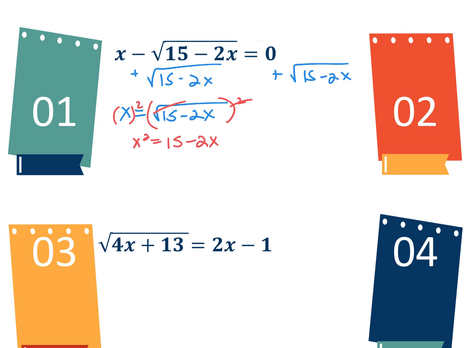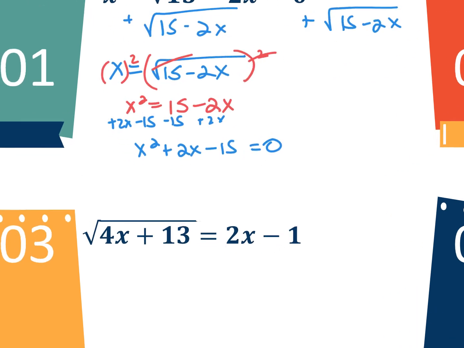And then as soon as you see that there is an x and an x squared, that's your indication you're going to have to factor. So you're going to get everything back to one side and then factor. So I'm going to move the 2x and the 15 to the other side. And I get x squared plus 2x minus 15 equals 0. I'm going to make sure it's equal to 0 before I factor it, and I'm going to put it in decreasing degree order.